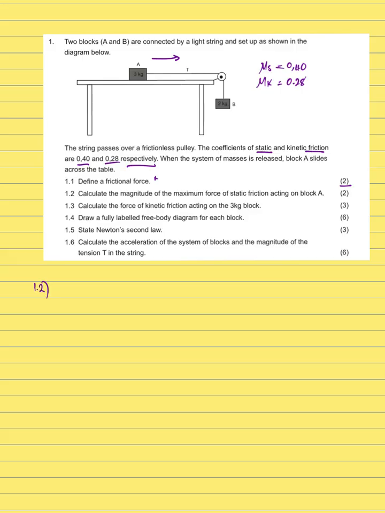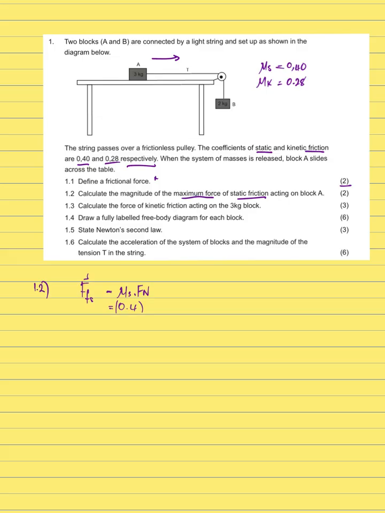Right, it then says calculate the maximum force of static friction acting on block A. All right, so if I'm looking at maximum friction for static, I'm looking for force of friction static, and the formula for that is mu s times Fn. Once I've got my formula, then I can say it's 0.4, from the line above, multiplied by Fn.